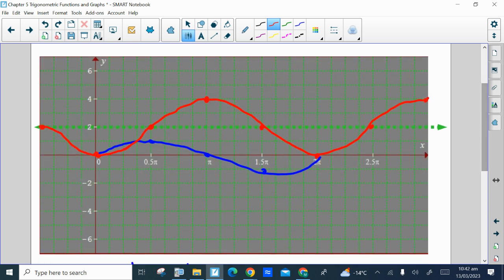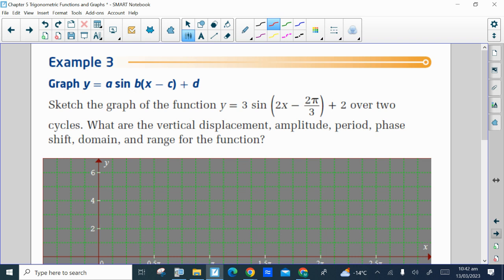All right. So now let's add in a b value as well. In this case, we have a b value of 2. But remember, to get the correct h value, or in this case, the correct c value, b must be taken out as a common factor. We've seen that time and time again.